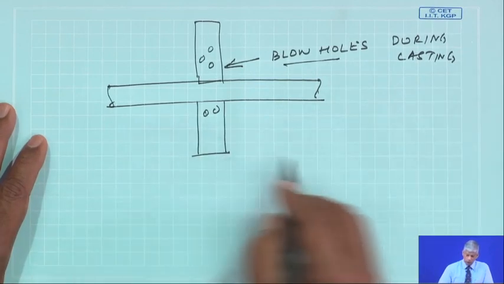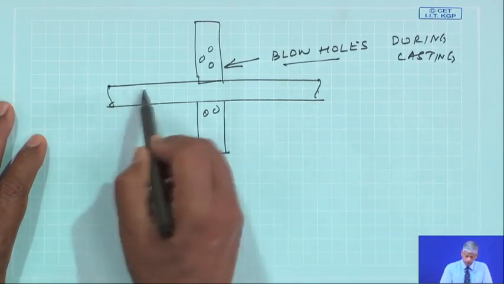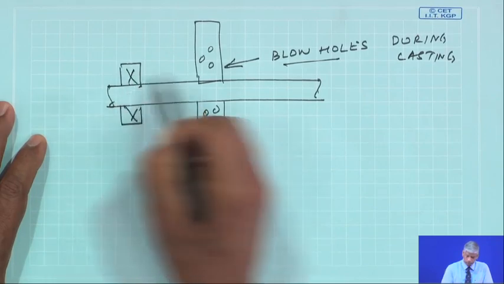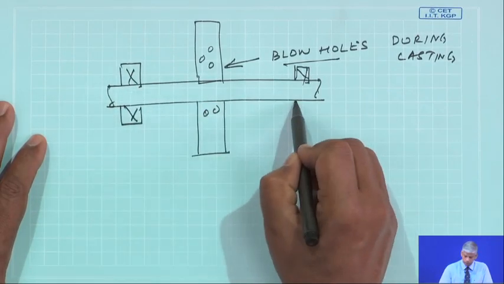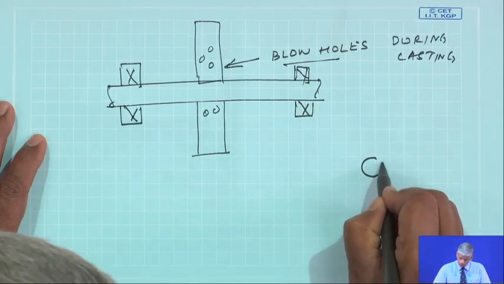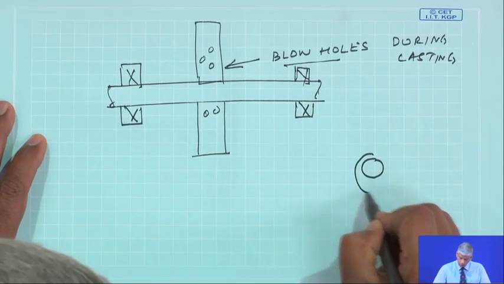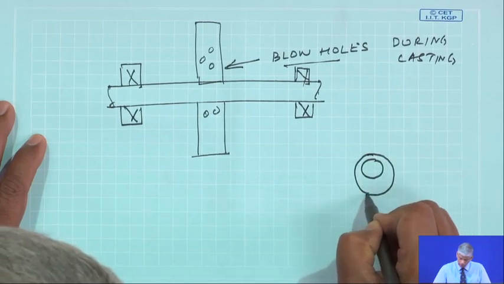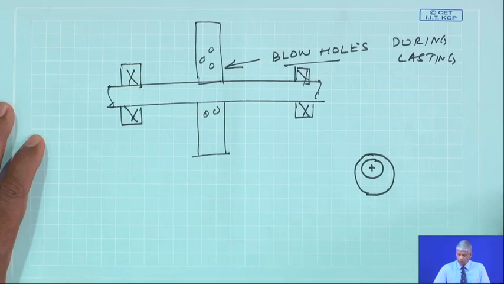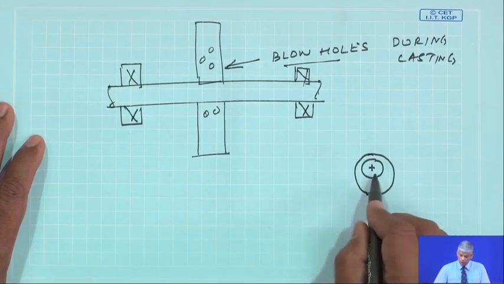Installation issues, centering, because if I have a shaft which is supported on bearings, I have exaggerated this. So, this is my shaft center, and because of uneven clearances, I have what is known as the centering issues.